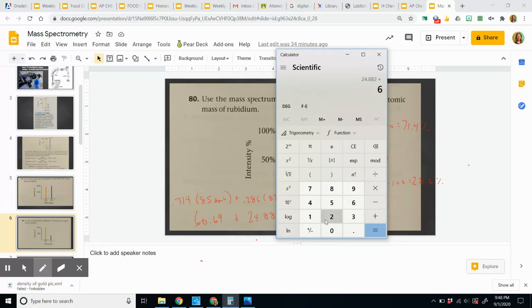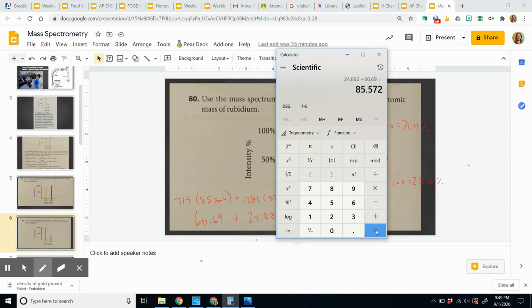Plus 60.69. Oh, clear. Okay, we have 24.882 plus 60.69. Why does it not put the decimal in there? 0.69.